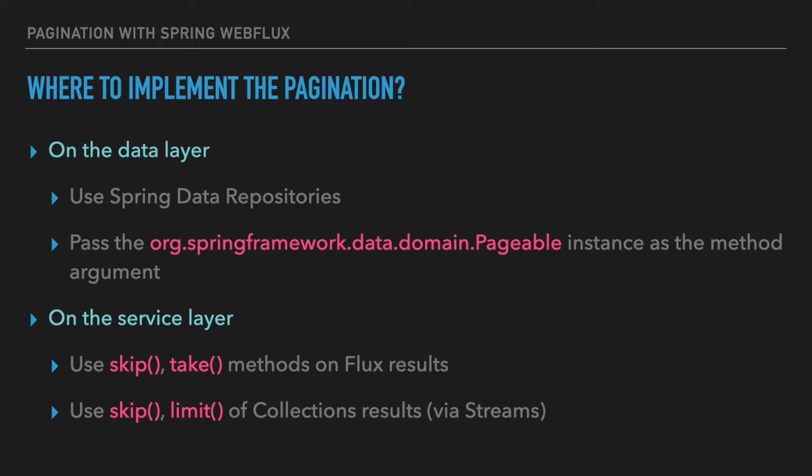When we talk about the data layer, it's a bit tricky, because yes, we could use Spring Data repositories with Webflux, and we could pass the additional argument of type Pageable to methods alongside the search criteria. However, we heavily depend on Spring Data magic, and the second problem is that we do not have the ability to count all items of the search criteria, which is important in order to provide a better user experience.